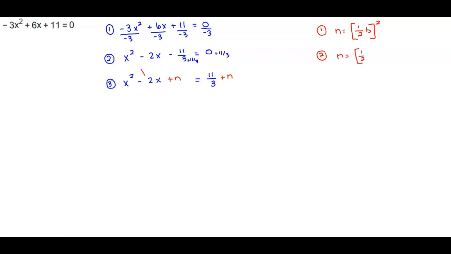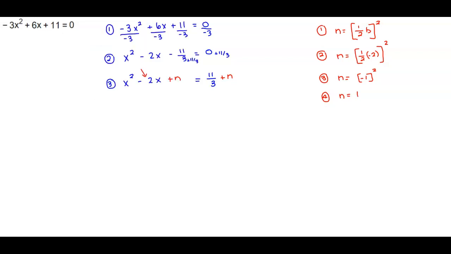We notice that b is equal to negative 2. So 1/2 of negative 2, and then we're going to square it. Well, what's 1/2 of negative 2? Half of negative 2 is negative 1. And when we square negative 1, we get a positive 1. So then n is going to equal positive 1.